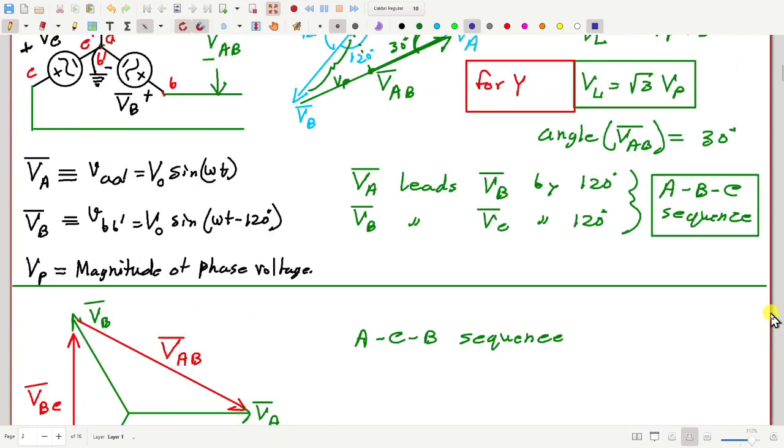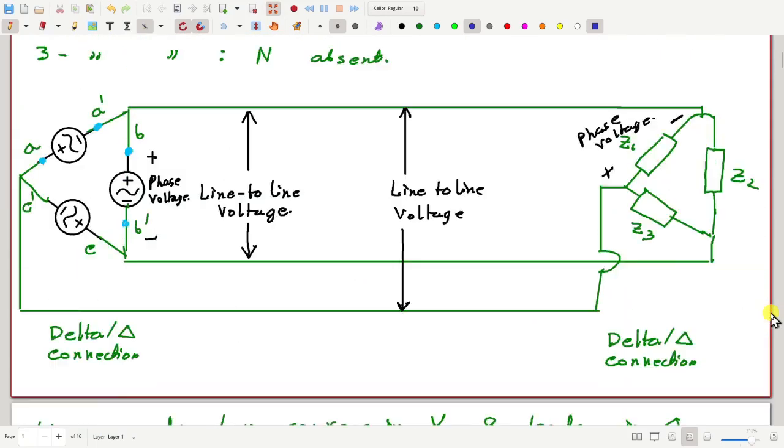Now let's come to the delta connection. Here again, the current that flows here or here or here, they are the line currents. However, the current that flows say here is called a phase current.